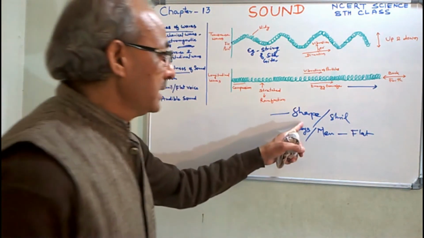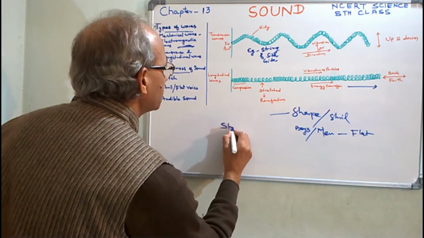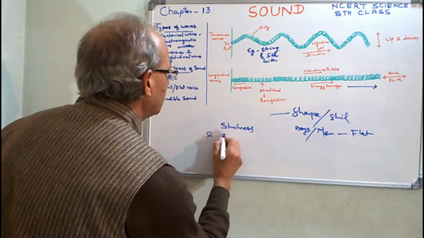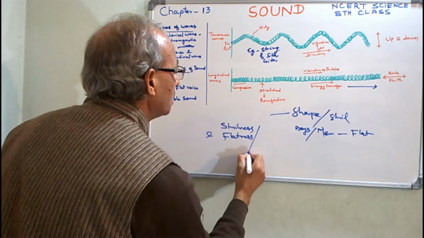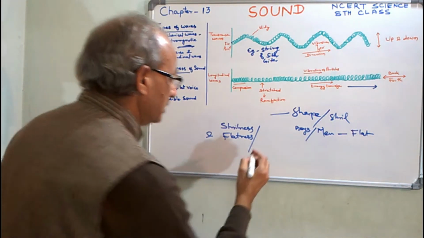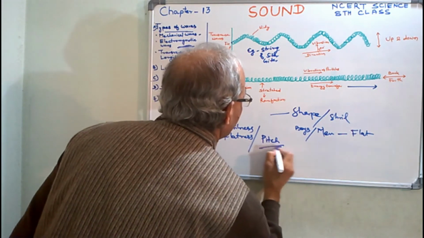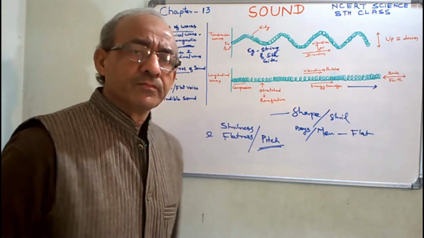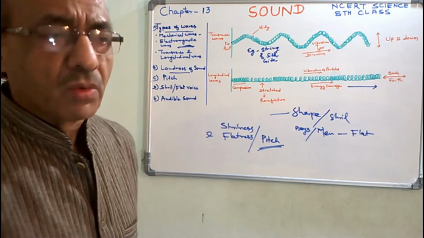The shrillness or flatness of the voice depends upon the pitch of the voice. And pitch, in other words, the shrillness or flatness is called pitch of the voice or sound.